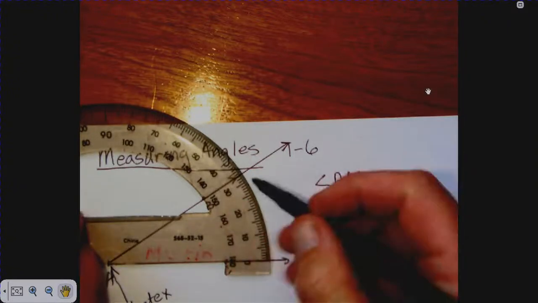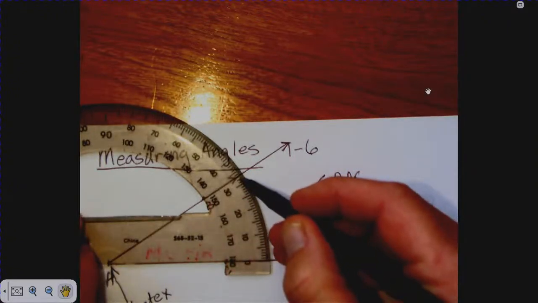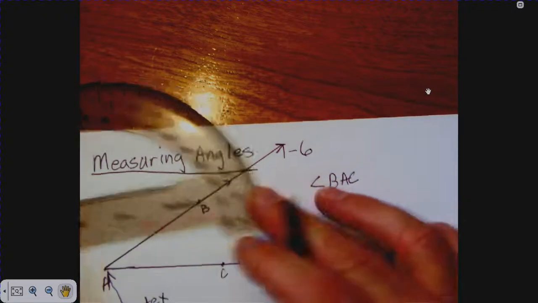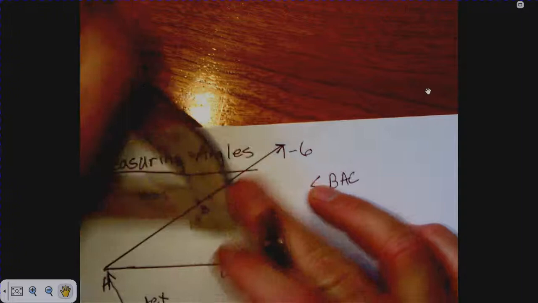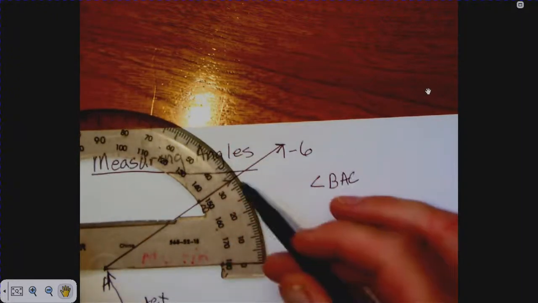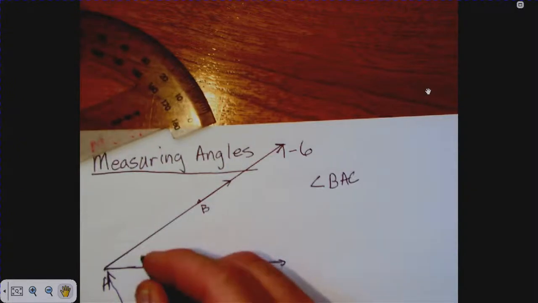As I'm measuring this, this looks to me to be 31, 32, 33. This looks to be about 33 degrees. Let me double check that. Yes, 33 degrees. So I could measure this as 33 degrees.